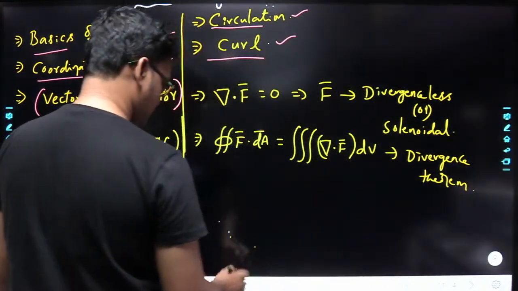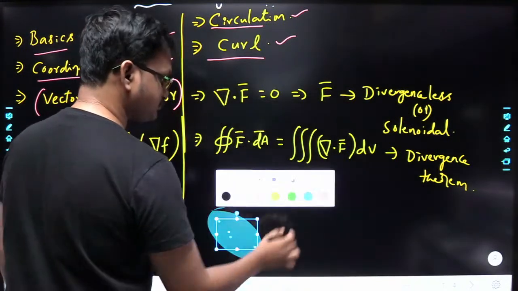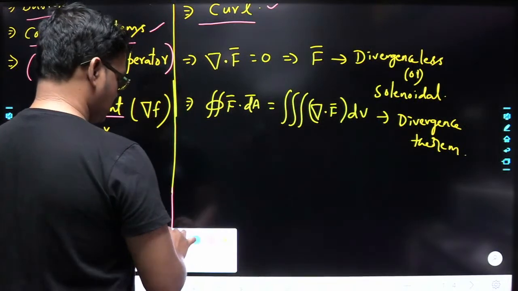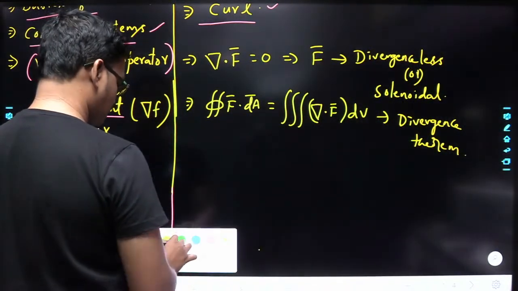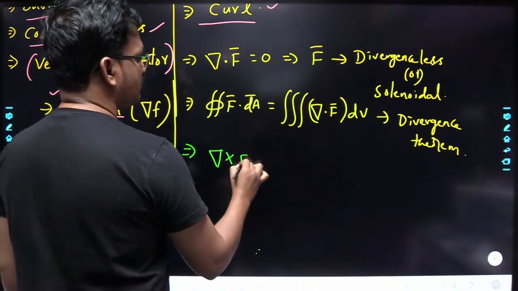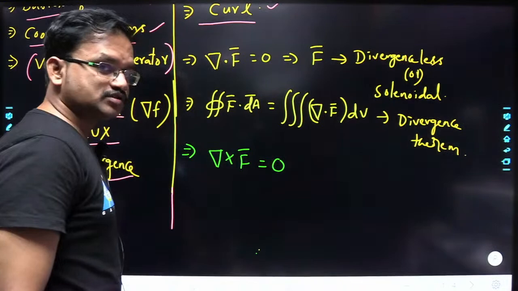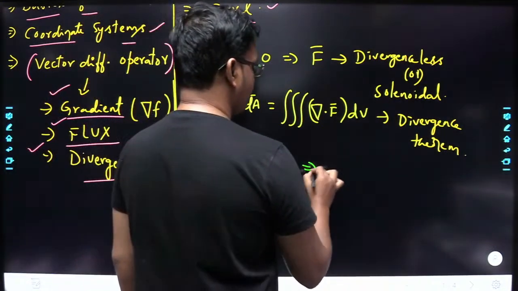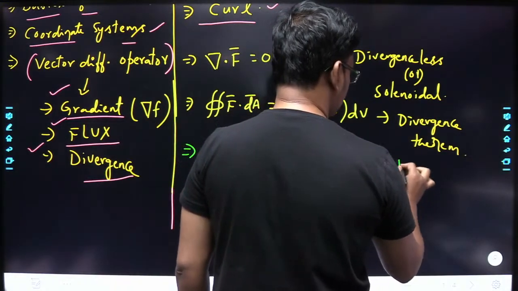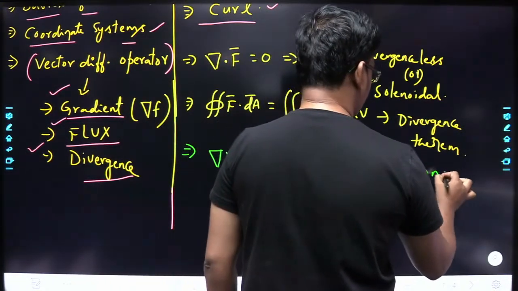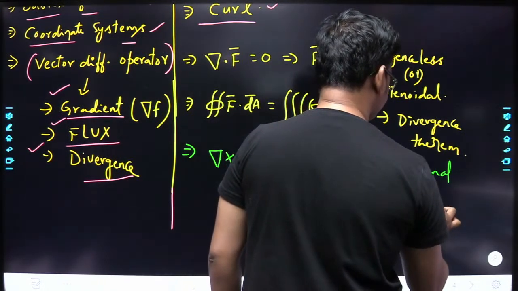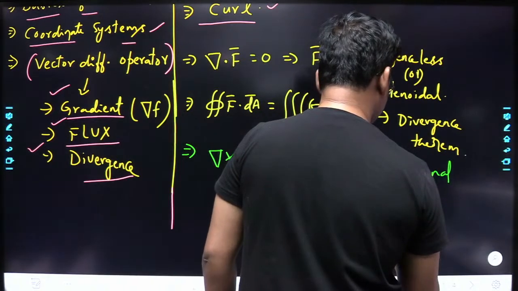Next, we have seen that if the curl of any vector field is equal to 0, then F bar is said to be irrotational or curl free or conservative.